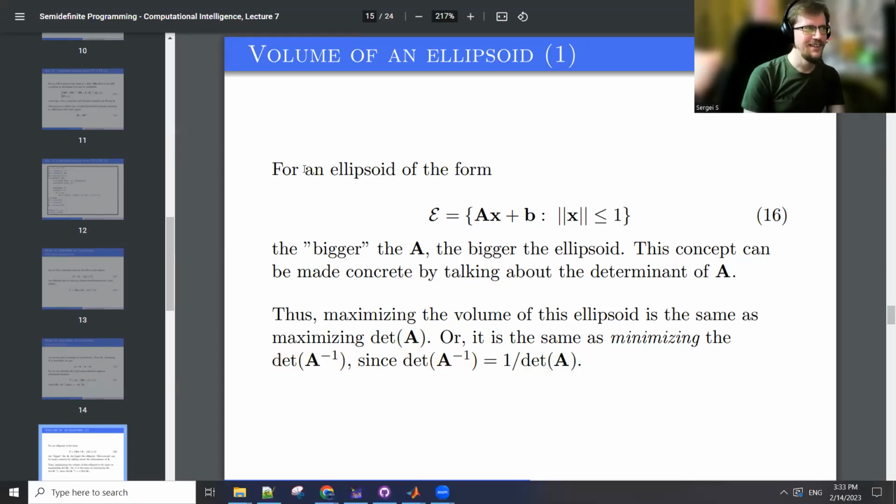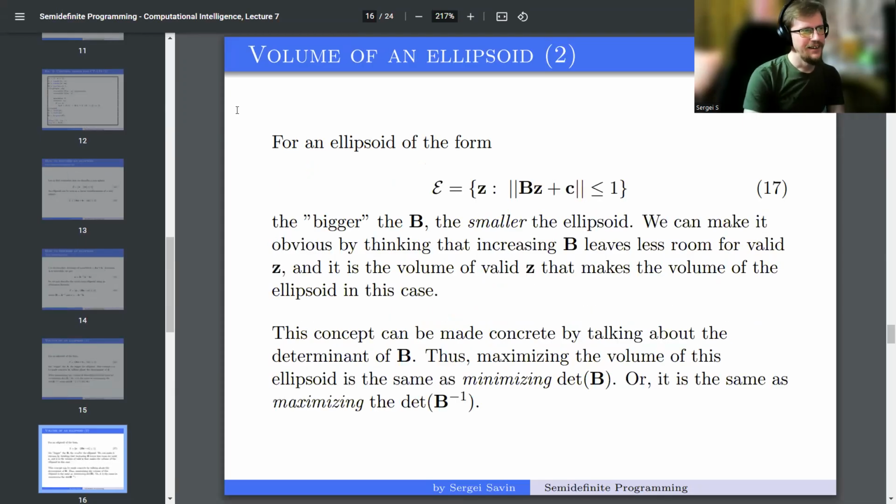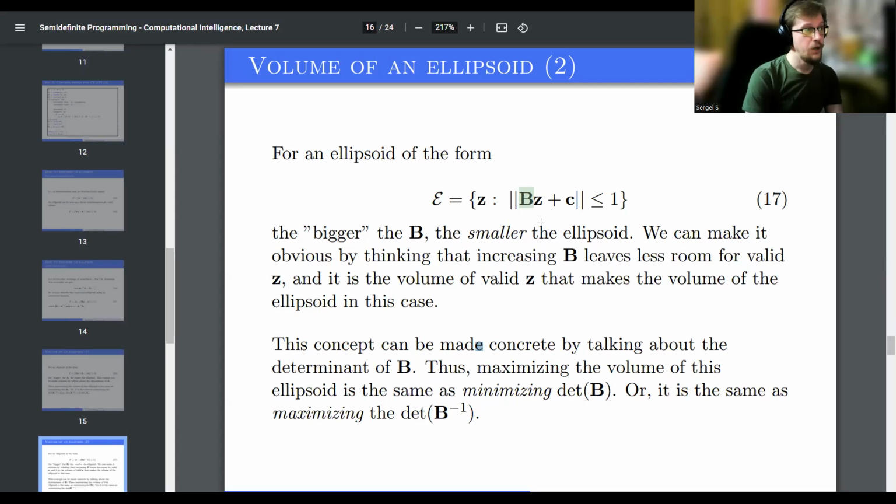Confusing. Now, let us look at one more slide. Ellipsoid in the form that we saw before. For this, the logic is reversed. It will be bigger if B is smaller. Why?